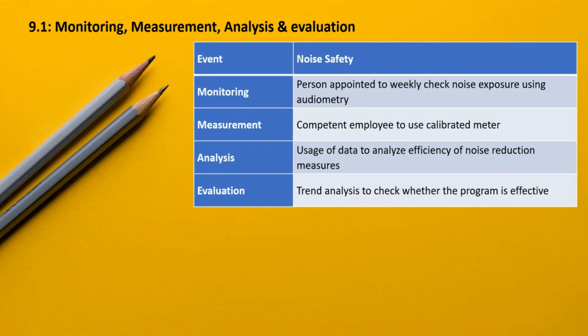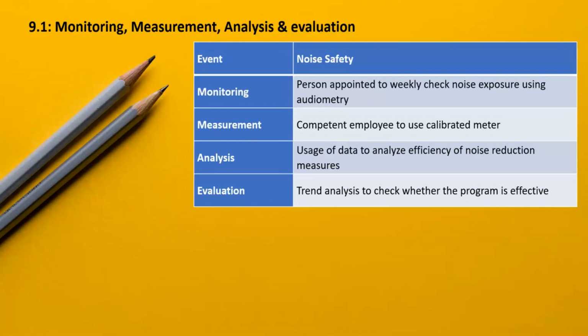Analysis means usage of data to analyze the efficiency of noise reduction measures. And by evaluation, we mean trend analysis to check whether the program is effective or not. So basically, you see that all these terms are in a way related.